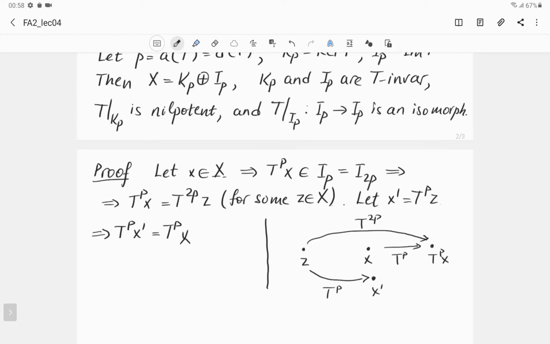And this means that X minus X prime sits in Kp.